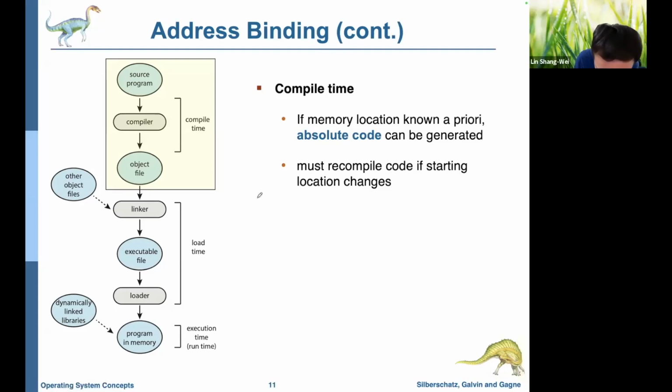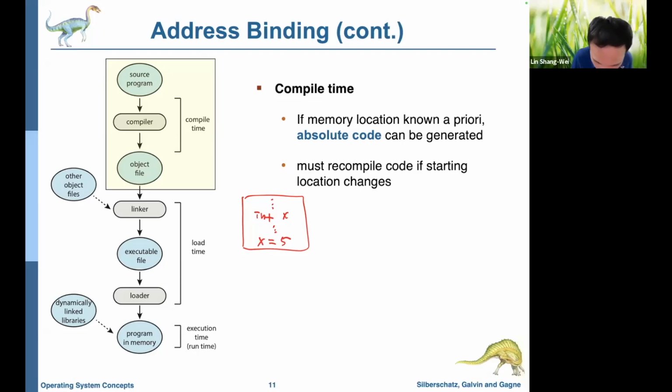Let's say you have a program like this. You have several statements, and after that you declare an integer variable x, and after that you want to assign value 5 to this variable. Very simple program.